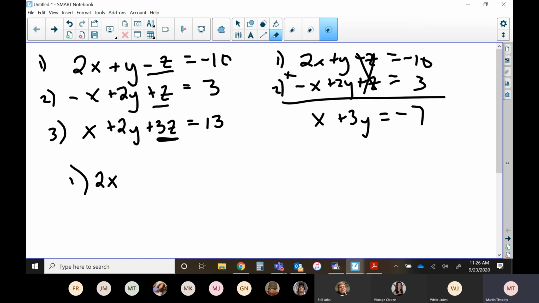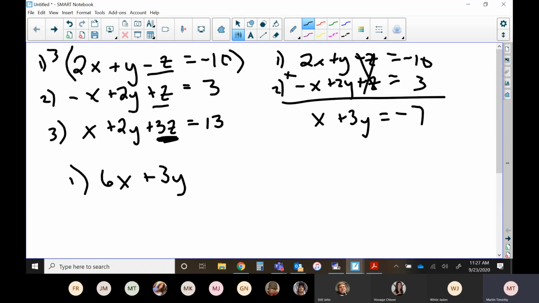Not by 2. No, by 3. I need to multiply this by 3, everything in it, so that it becomes a negative 3z. So it becomes 6x plus 3y minus 3z equals negative 30. Did everybody follow me on that? And then this becomes x plus 2y plus 3z equals 13.